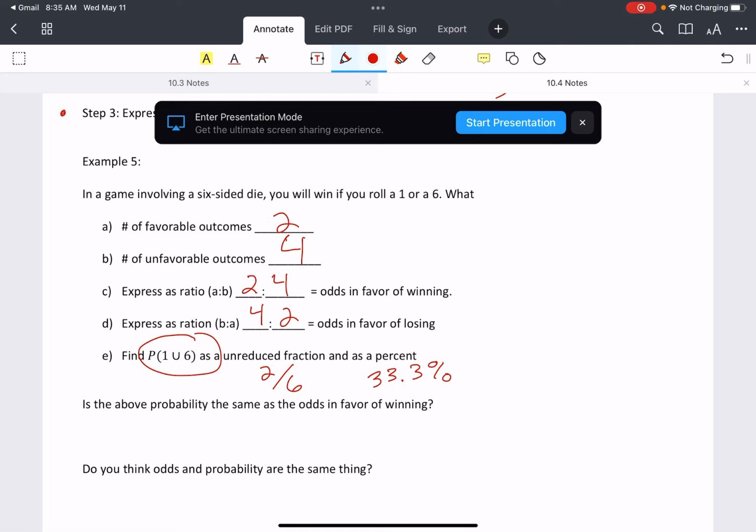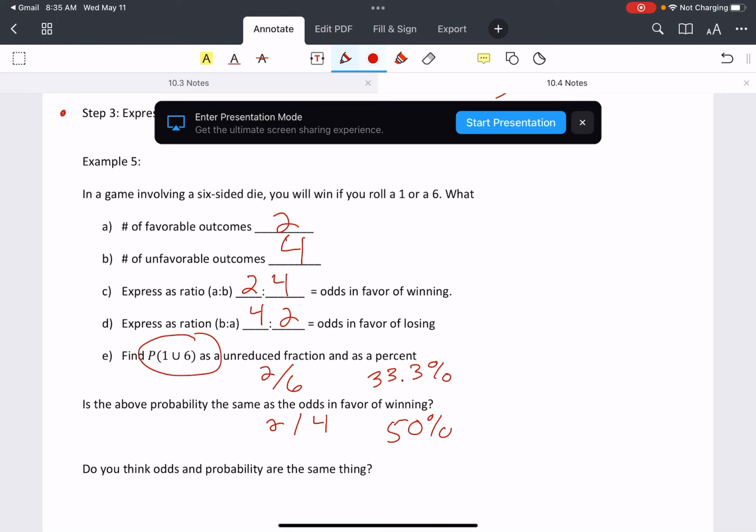Odds aren't normally turned into percentages, but if they were, what would be my percent odds in favor of winning? 50, 2 out of 4. So again, they're not the same.